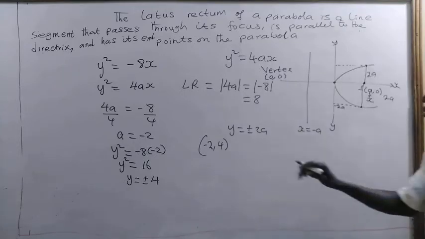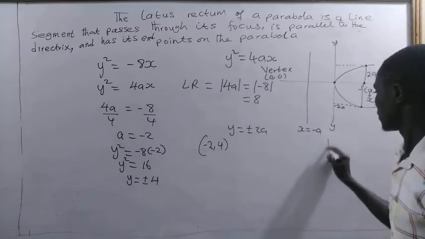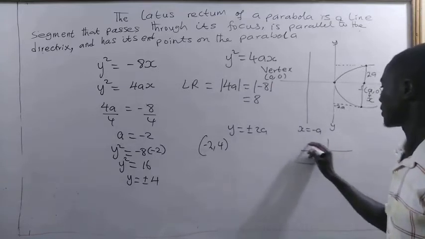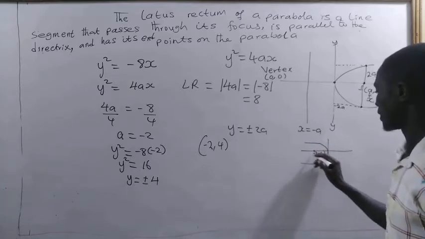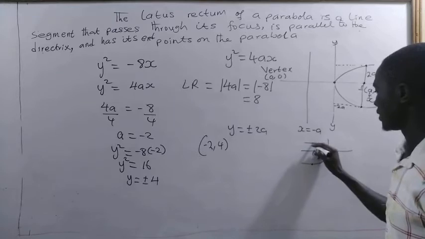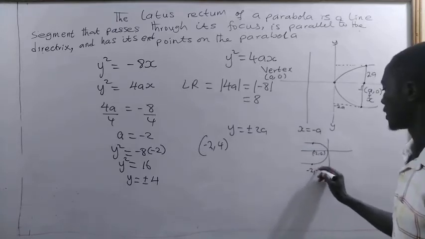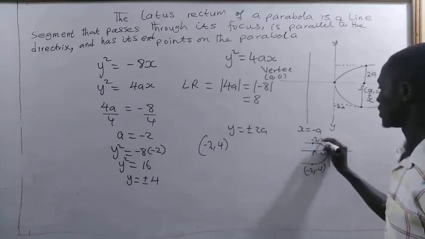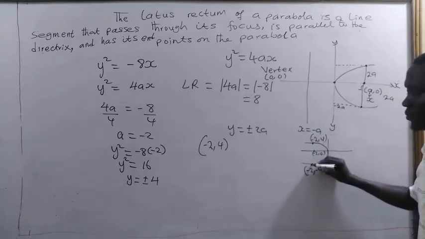And this one is to the right, this one will be to the left. So assuming we have it like this, we are here to be negative 2, 0 as the focus, and we are having this point. So this point will be negative 2, negative 4, and this point will be negative 2, positive 4. So these are the endpoints of the Latus rectum.